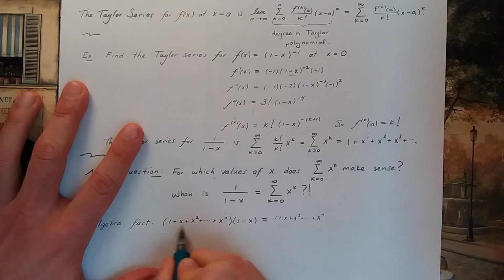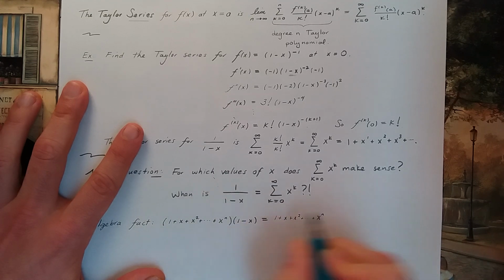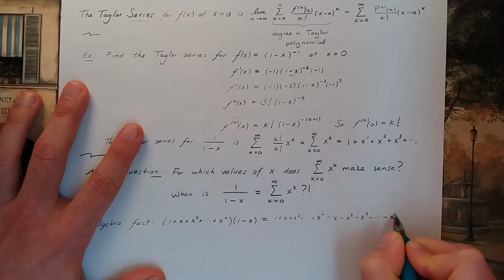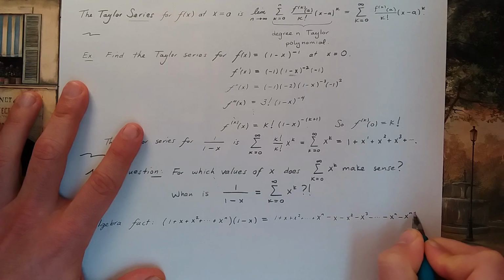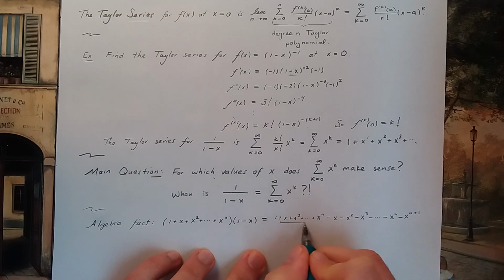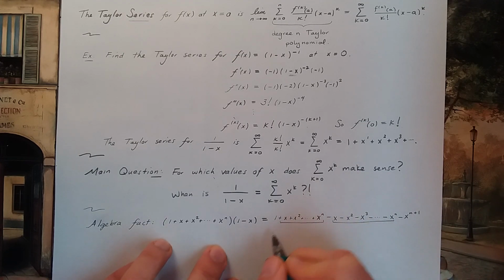If I multiply everything in this parentheses by negative x, I get negative x squared, negative x to the third, till I get to negative x to the n, negative x to the n plus 1. All of these terms will cancel with all of these terms, and I will just be left with 1 minus x to the n plus 1.